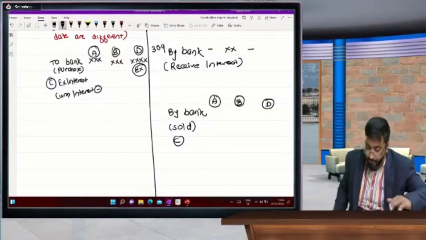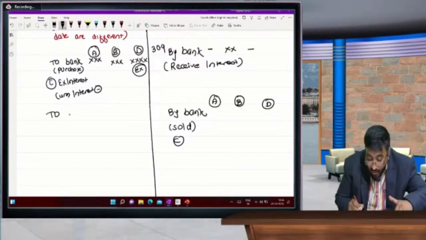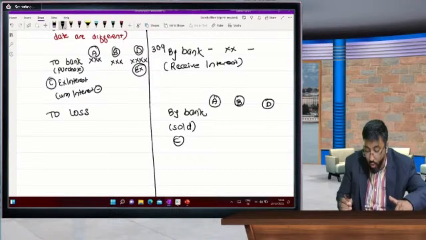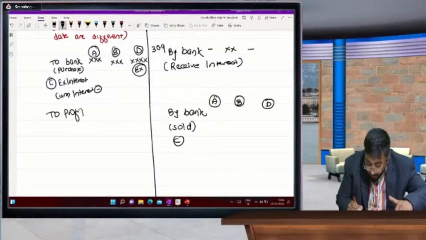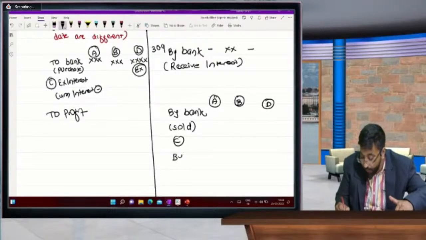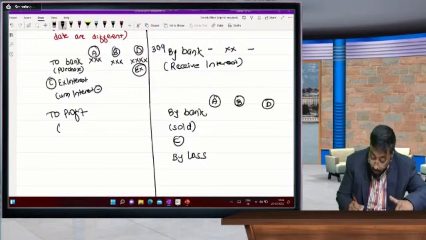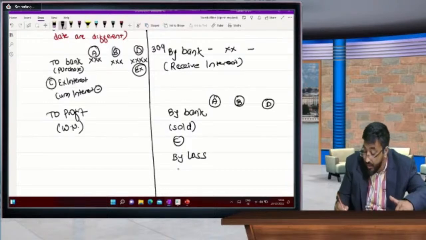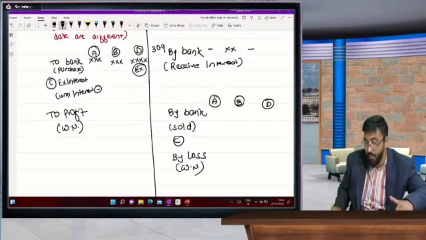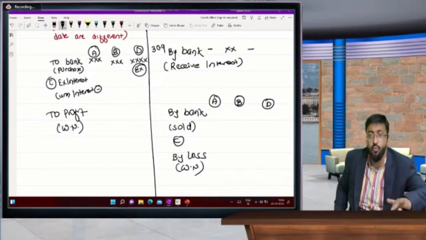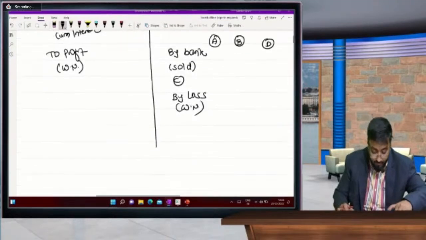Don't worry. And whenever you are selling, if there is profit, it goes on the debit side, and if there is loss, we will write it on the credit side. And for that, you will always need a working note. Working note, why? I will tell you. Whenever you are selling your investment, you have to calculate loss or profit.